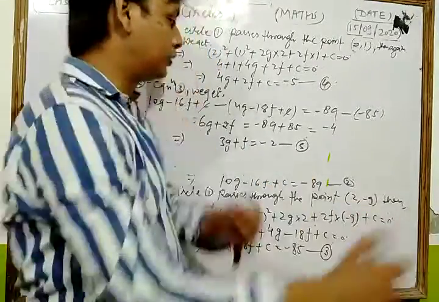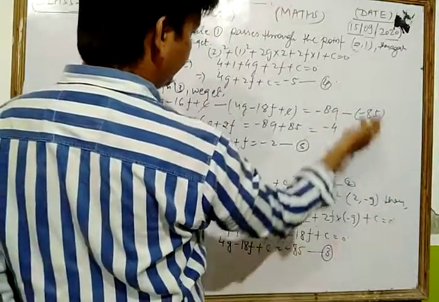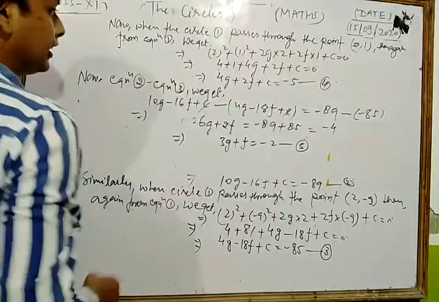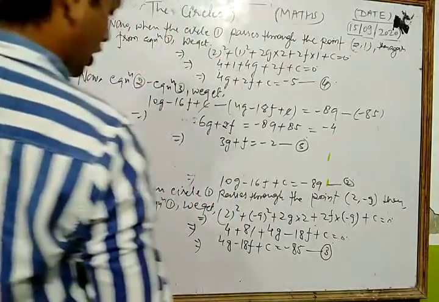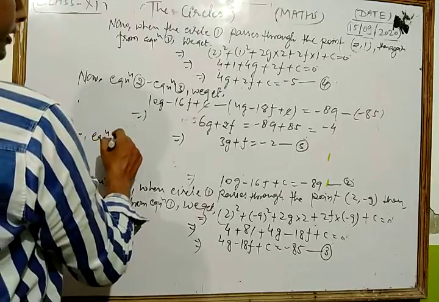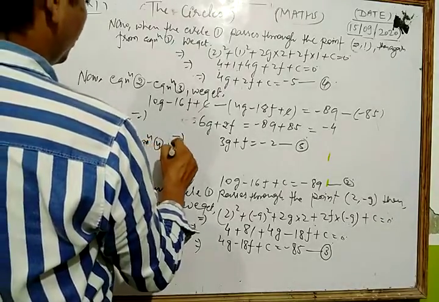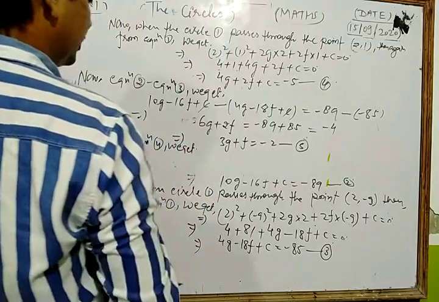Okay. Now similarly, we take equations 3 and 4. Equation 3 minus equation 4 also forms an equation.